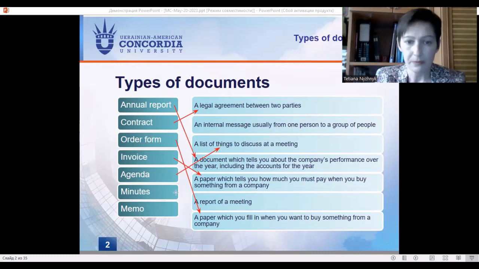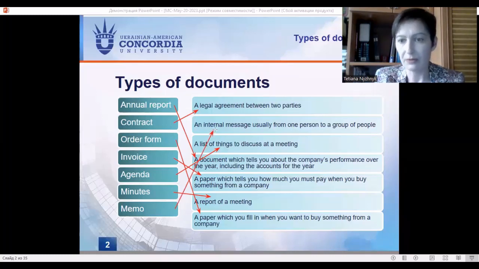So, right here, it is defined as a report of a meeting. And finally, a memo or a memorandum in full is an internal message, in most cases from one person to a group of people. Internal means that this is the communication which happens inside the company.